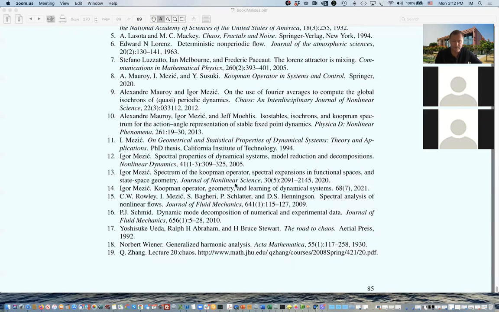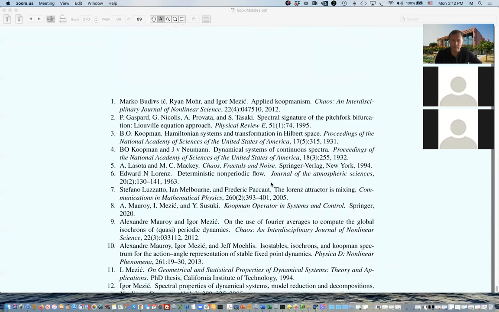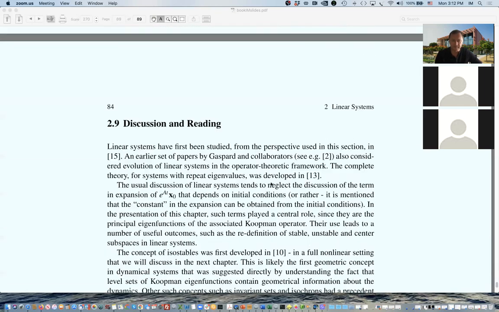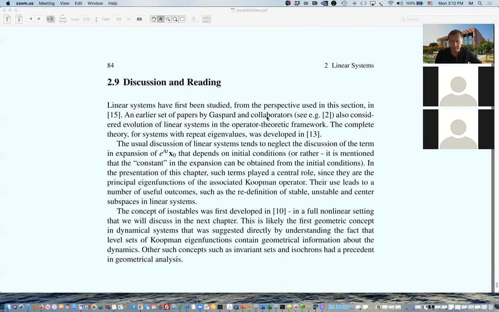So there are a number of students at University of California, Santa Barbara that have seen these results before. They were published in this paper. There are some earlier works by Gaspard and collaborators that considered it in some restricted context.